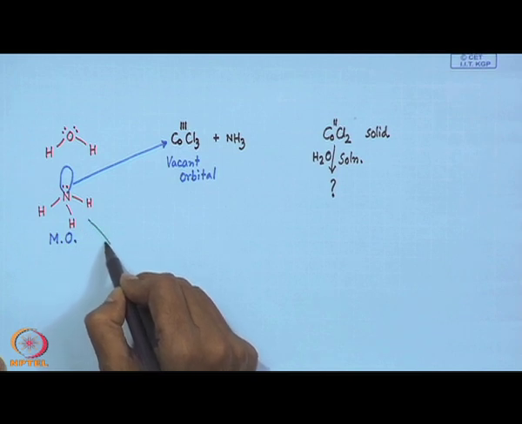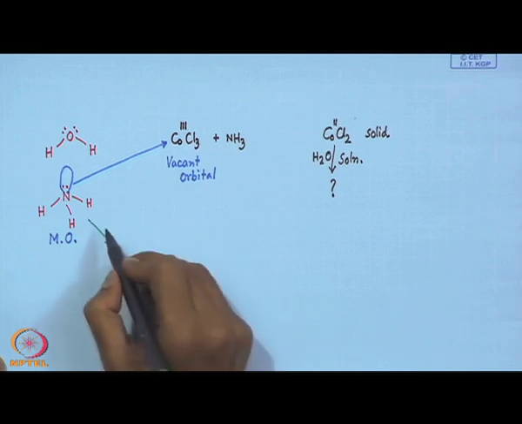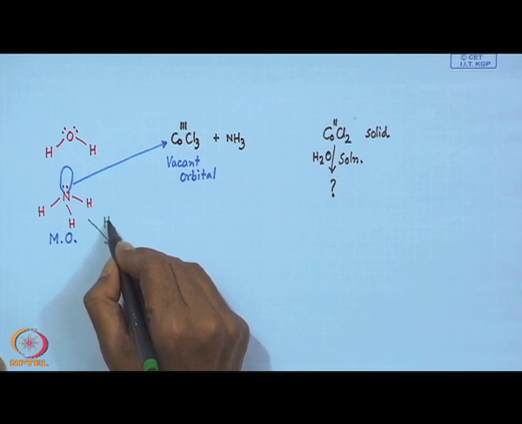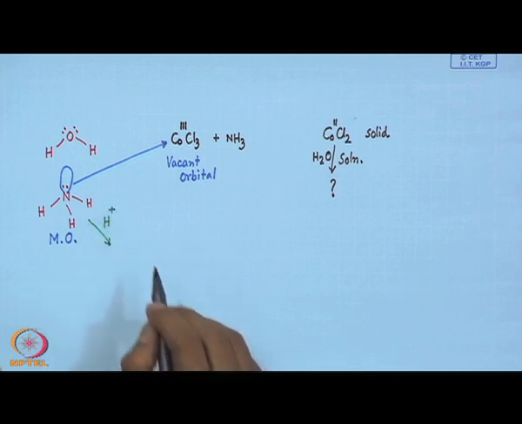So, this lone pair of electrons is available for forming a new bond, like with a cation. The most simple cation is the proton.